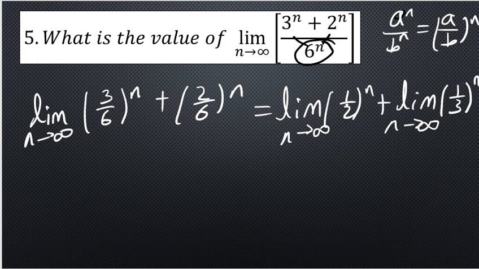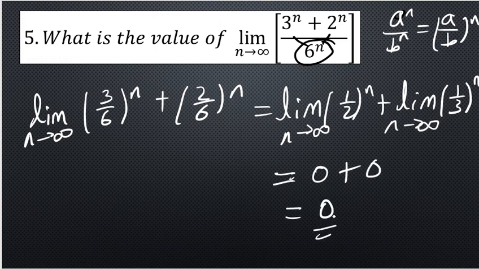It's a decimal between 0 and 1. So when n increases, the outcome is getting smaller and smaller, almost getting to 0. So 0 plus the next one also, 1/3 means like 0.33. When you square it, cube it, take the power of 4, when the exponent increases, the number is getting smaller and smaller. So finally 0 plus 0, which will be 0. You can check this one.